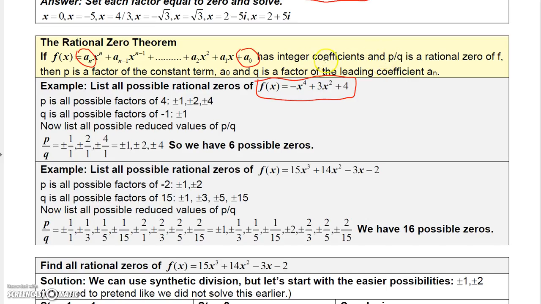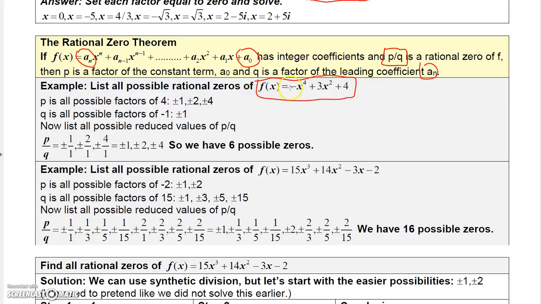So the set of all possible rational zeros would be p over q, where p is a factor of the constant term a sub 0 and q is a factor of the leading term a sub n.